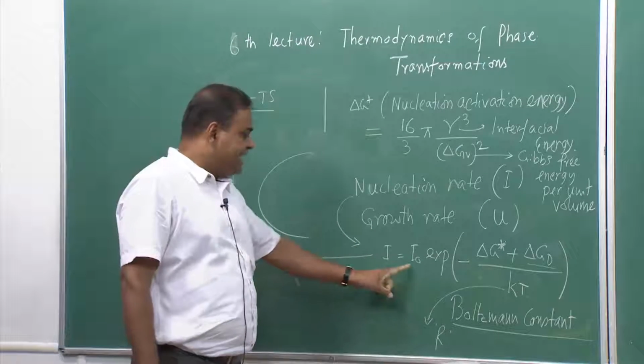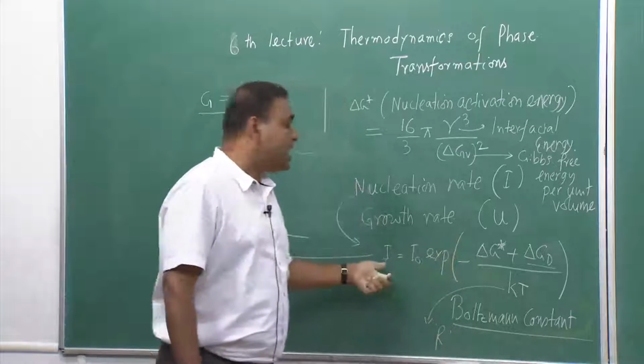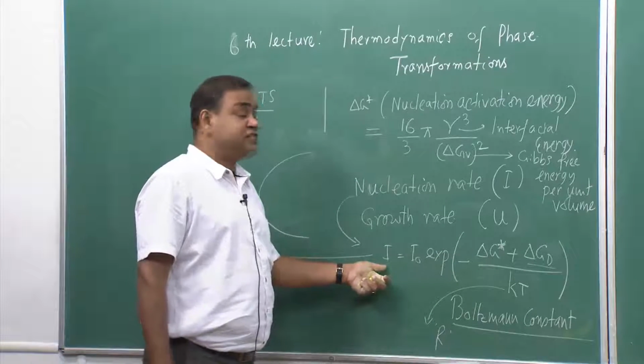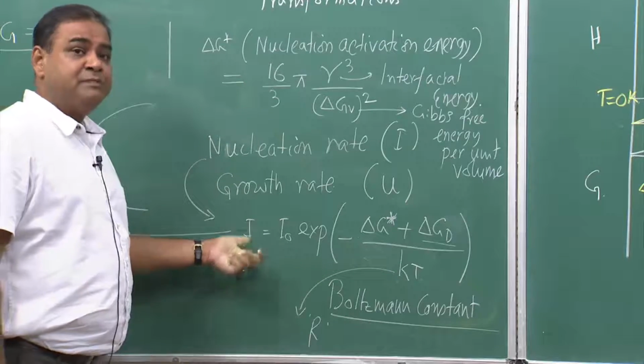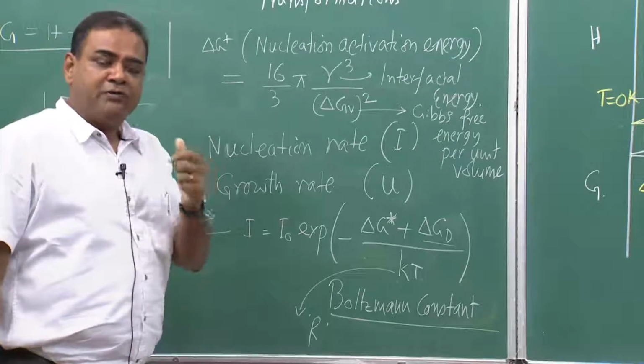So, this I0 is another constant, and this is the temperature where I would like to find out I. Okay. I is the nucleation rate, that means the number of nuclei appearing per unit volume per unit time.